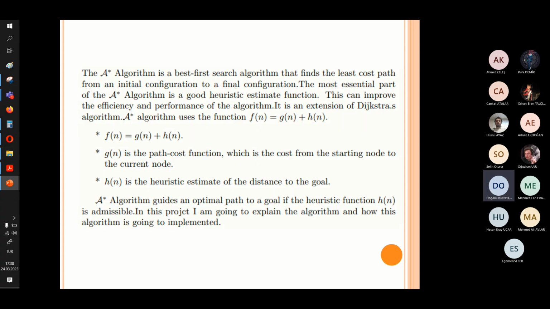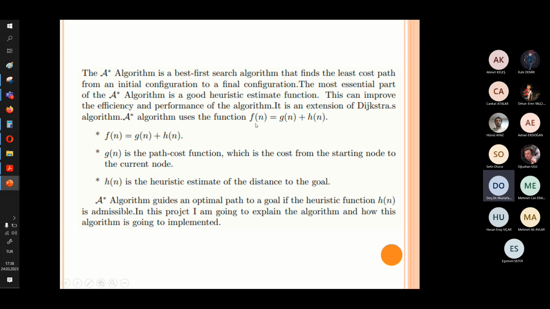Anyway, the A-star algorithm is once again a greedy algorithm, and while evaluating which node to visit next, it uses a fitness function.